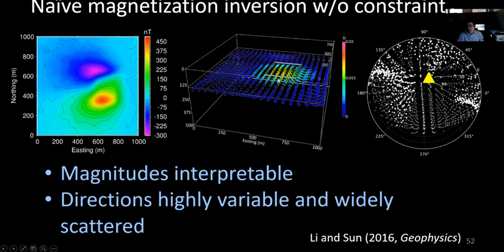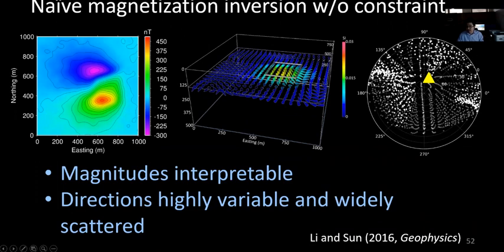But if you look at the recovered directions, which is summarized by this polar plot, in this case the azimuths correspond to the declination and the radius corresponds to the inclination. Each of the yellow dots represents one of the magnetization directions recovered. You see that the recovered distributions have a strong degree of scattering in this polar plot.